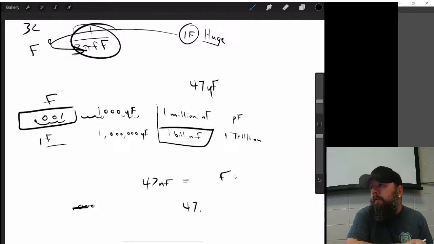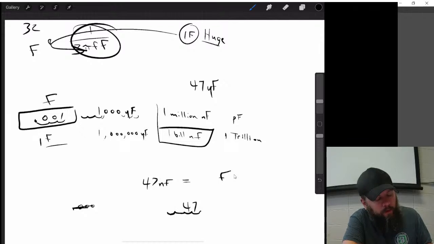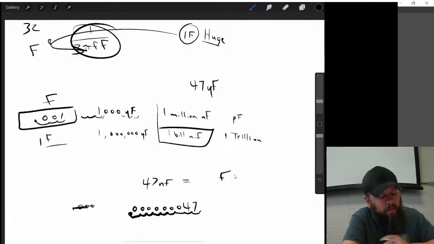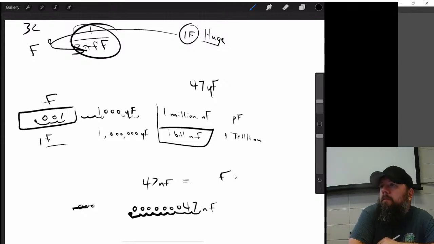So a billion, we need to move 9 times, right? 9 zeros. So 1, 2, 3, 4, 5, 6, 7, 8, 9. That's the number we need to put in when it says 47 nanofarads. If you just put in 47 into that equation, you're going to get it wrong.